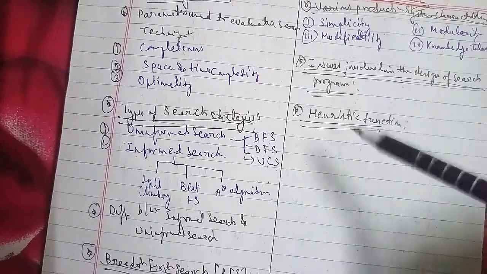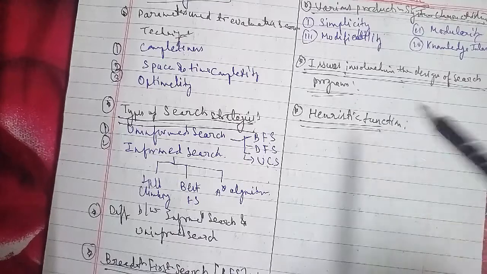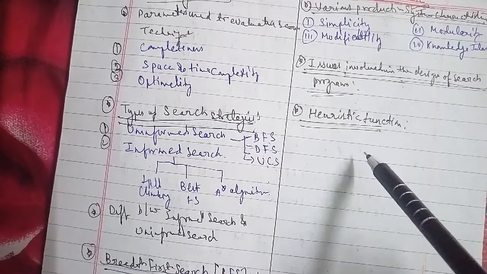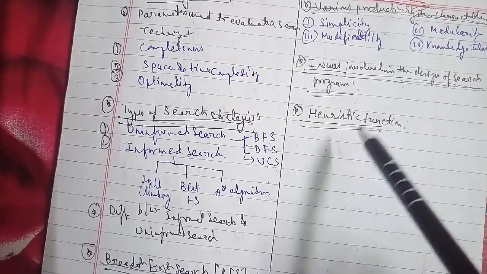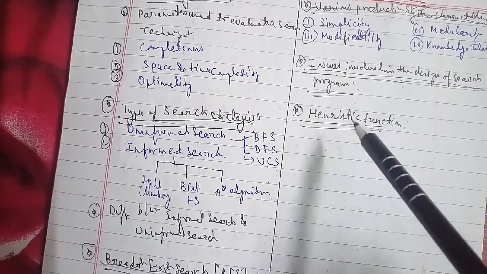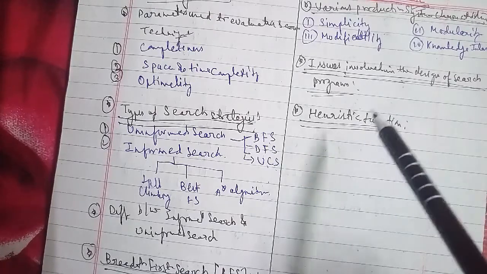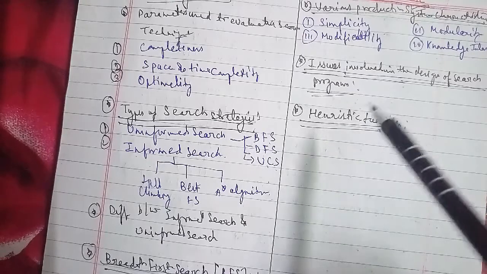The heuristic method might not always give the best solution, but it guarantees to find a good solution in a reasonable time. A heuristic function estimates how close a state is to the goal, and it can calculate the cost of the optimal path between a pair of states, and the value of the heuristic function is always positive. Now we'll discuss the properties of heuristic search.